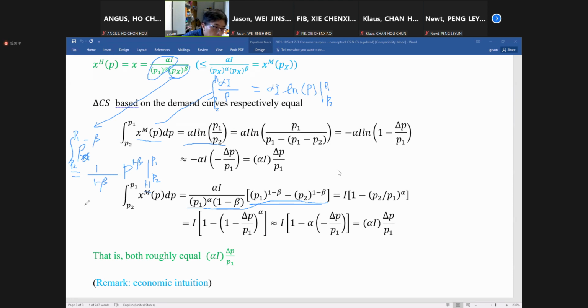This is what we call CV, the compensating variation. This is the change in consumer surplus. And now we need to compare the two numbers.